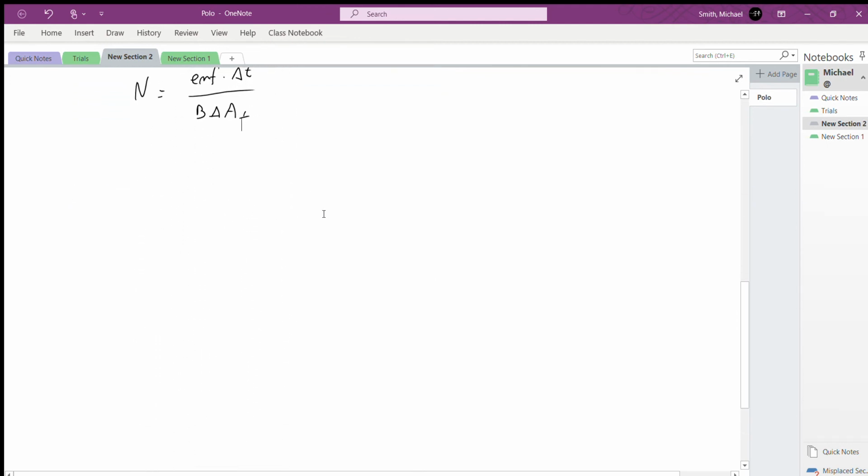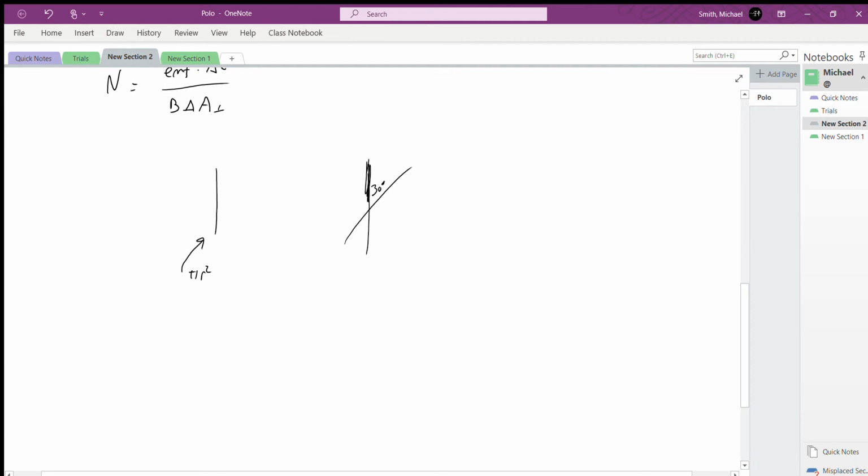So here, if we have our loops of wire, the area here will be pi r squared. Afterwards, it's rotated through 30 degrees, and so the area now is pi r squared multiplied by cos theta.